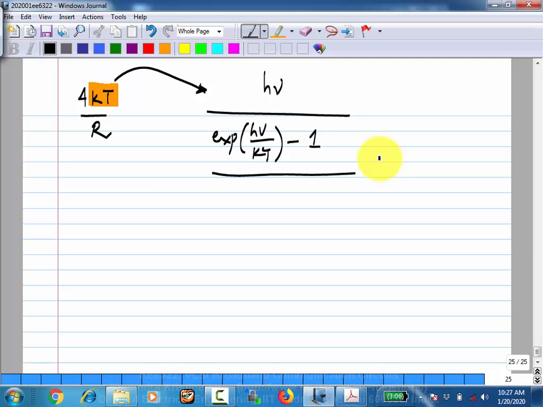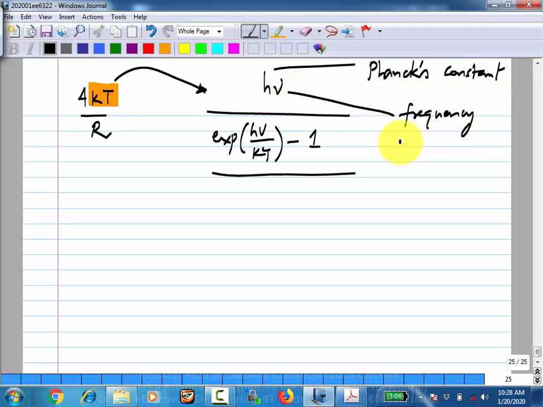I won't go into this. This h is Planck's constant, and nu is the frequency. If you look at this function, it actually goes down with frequency because of this exponential. If frequency goes to infinity, it does go to 0, unlike kT itself, which is independent of frequency.